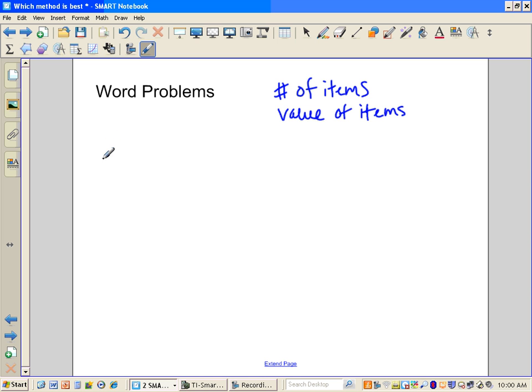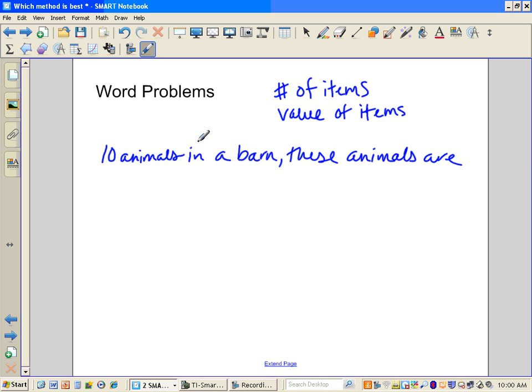So let's say we have 10 animals in a barn. Very typical Vermont problem, right? And these animals are pigs and ducks.